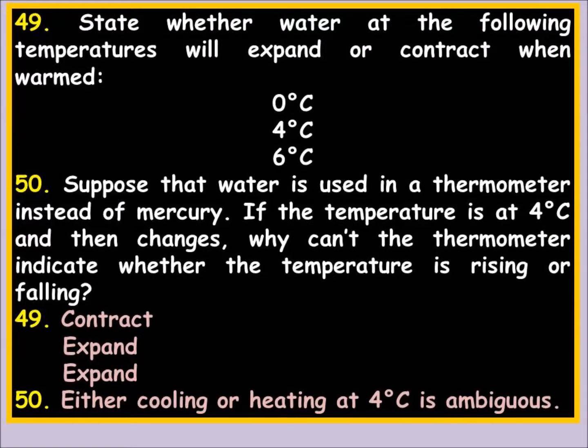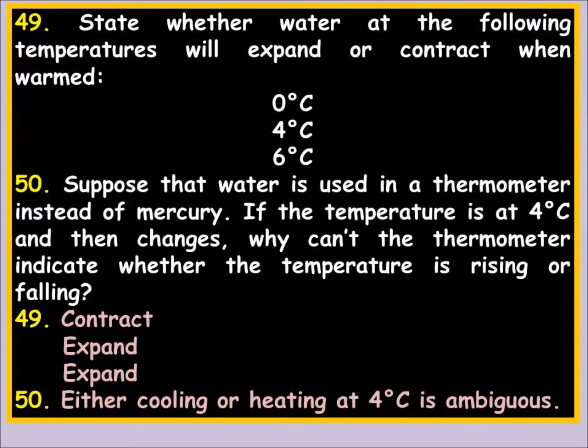State whether water at the following temperatures will expand or contract when warmed. Well, if it's 0, it's going to contract, and it's going to become more dense. At 4 degrees, it's going to expand. When it reaches higher than 4 degrees, and 6 degrees, higher than 6 degrees, it will expand.